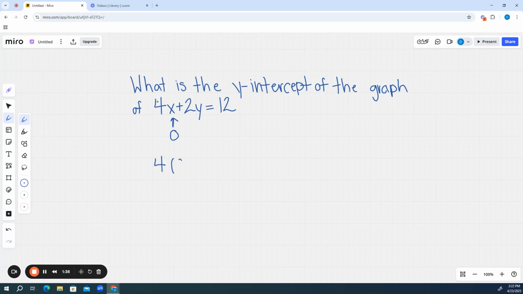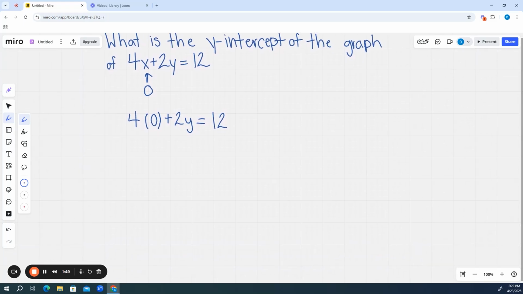So then we have 4 times 0, because we put in that 0 for the x, and then plus 2y equals 12. And at this point, we just have a regular algebra equation, and we're just solving for the y variable.